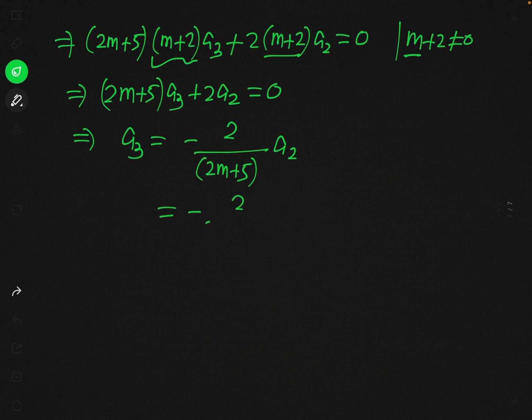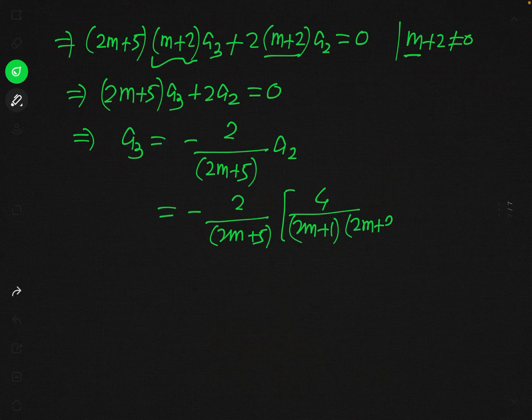So let us substitute it. You can see this will be minus 2 over 2m plus 5. And we have seen that this a2 is 4 divided by 2m plus 1 into 2m plus 3 into a0.